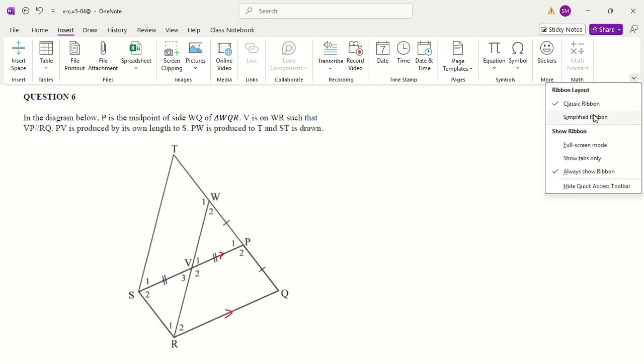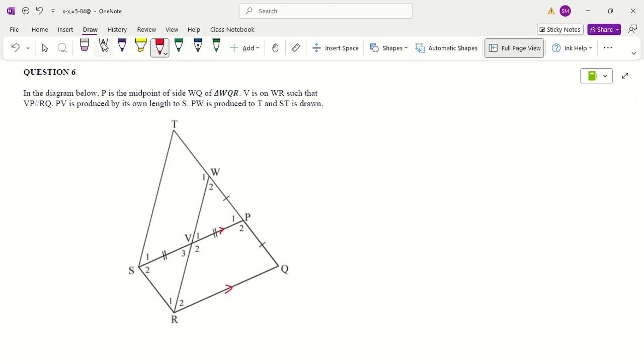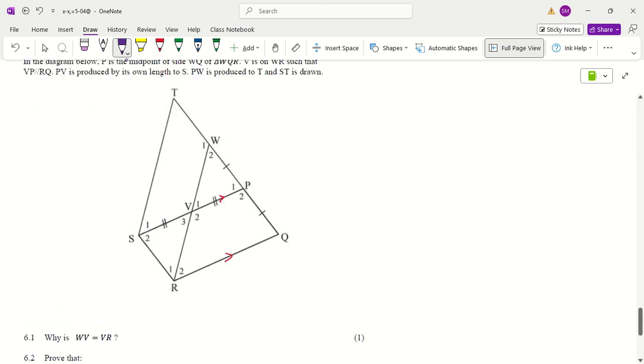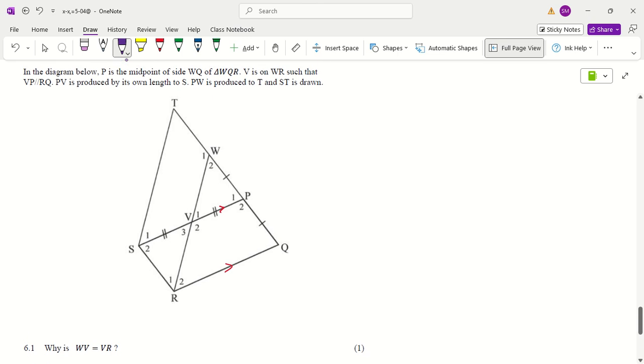Let's look at the question now. Question 6.1 says, why is WV equal to VR? So we need to prove why WV is equal to VR. We have been told that the line PV is parallel to QR, and we also have a midpoint.